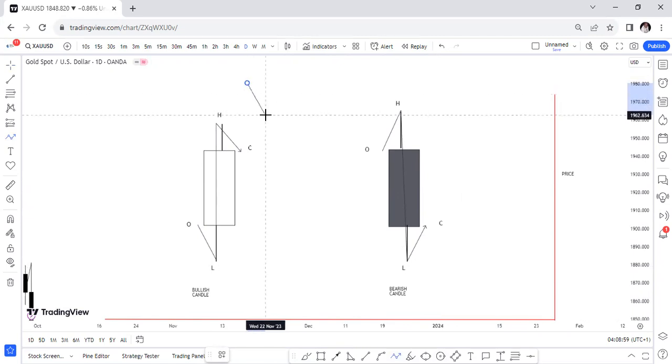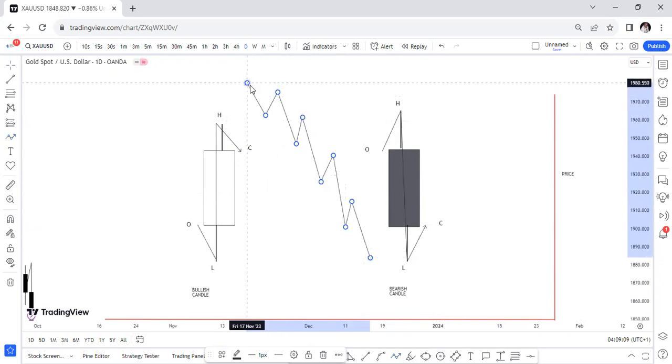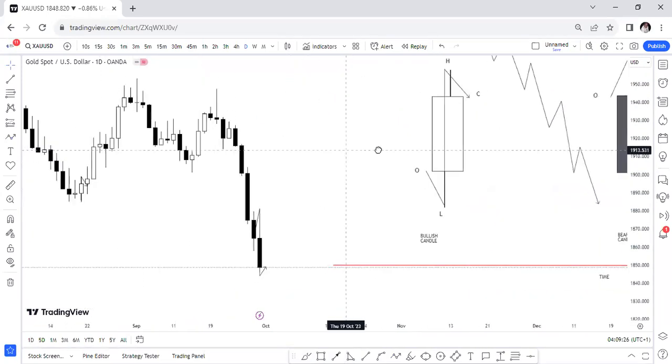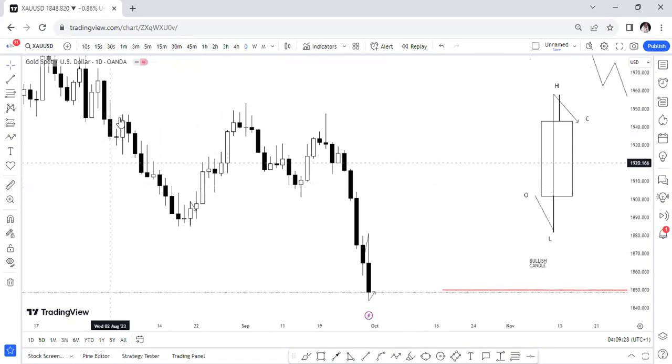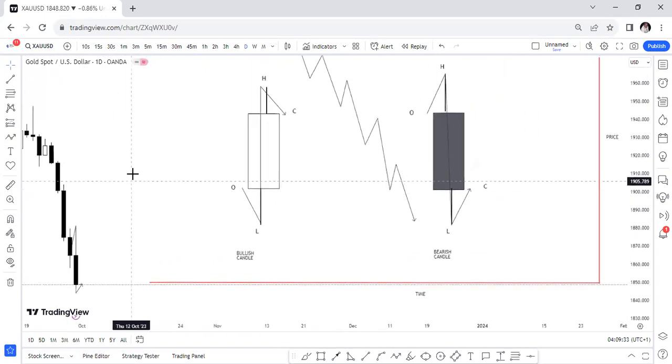If price is going to move downward in a zigzag form, in a bearish market, it must first go up, then start coming down. The next session will go up and come down, and the next session will go up and come down. That's what creates this zigzag, this pullback and expansion in the market.